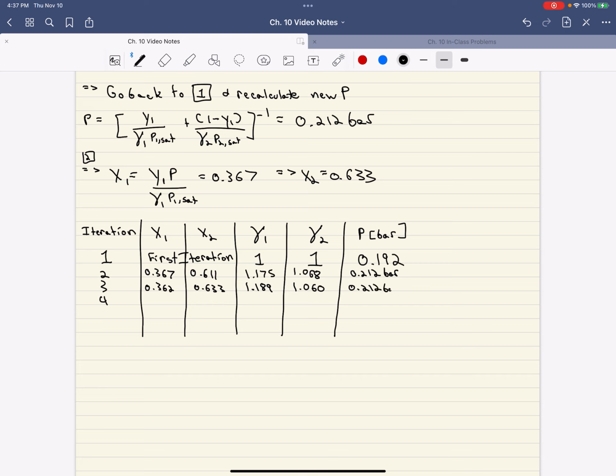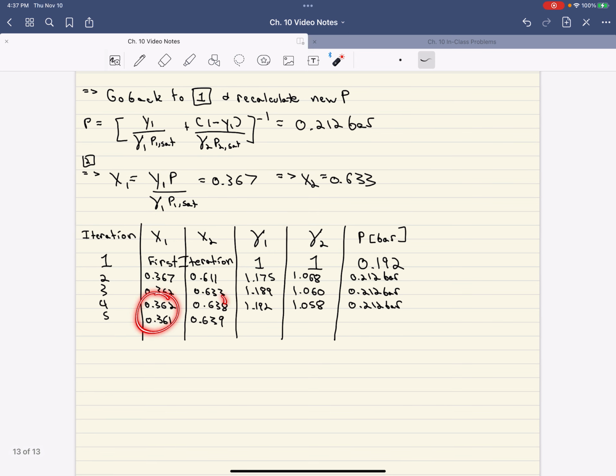0.212 bar, 0.362, 0.638, 1.192, 1.058, 0.212 bar. And so by the time we get to the fifth row, we see that our x1 and x2 values are basically the same as the previous iterations. Okay?